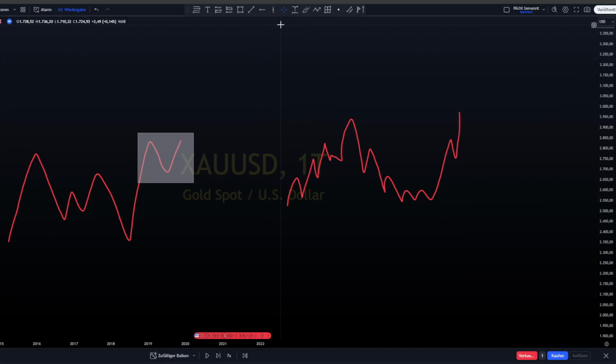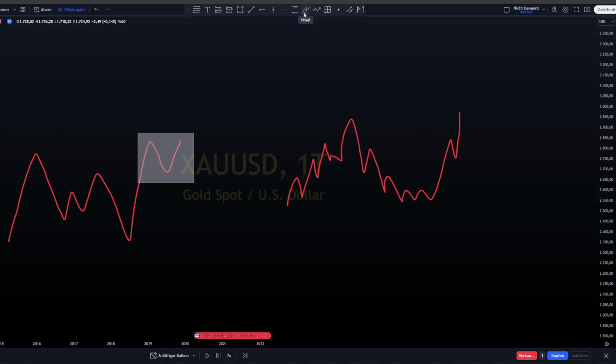What does that mean? That means if you get an insight of what's happening around the higher time frame candles, could be daily, could also be weekly or 4 hours, but I wouldn't go lower. You can see the momentum of the lower time frame.